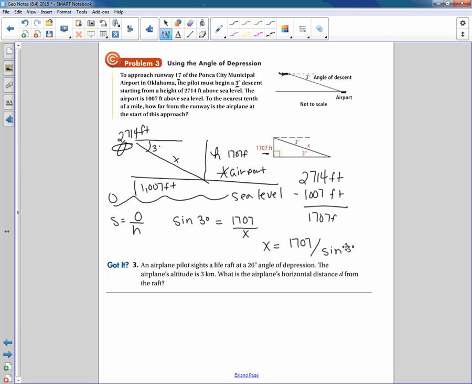And I get that it is about 32,616.2 feet. It looks like I'm looking for it in miles, so I'll need to divide that by 5,280 feet per mile, right?